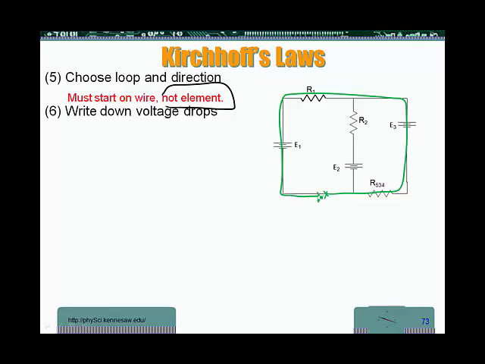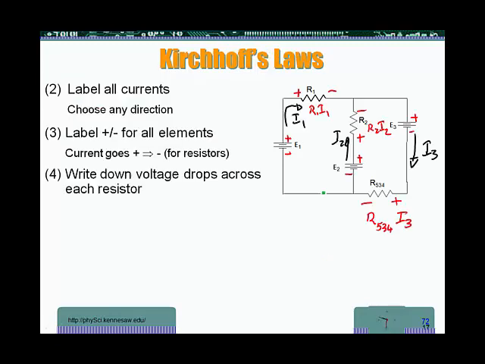Now, the next step says once we choose a loop, I'm going to choose it in the previous screen since we have a lot of stuff written already. So I'm going to go back and I'm going to start here and I'm going to go counterclockwise. In this case, this way. Okay, that's the loop I'm going to choose.